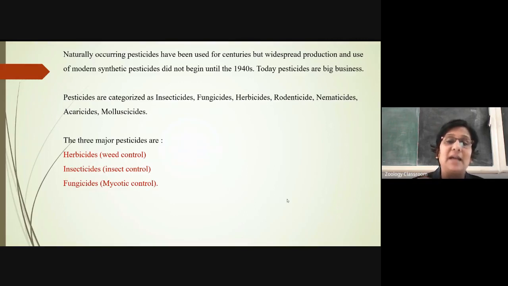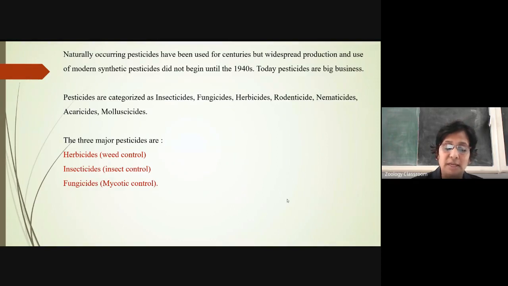These are categorized according to their target use into many groups such as insecticides, fungicides, herbicides, rodenticides, nematicides, acaricides, and molluscicides. Okay, so these act on specific organisms.